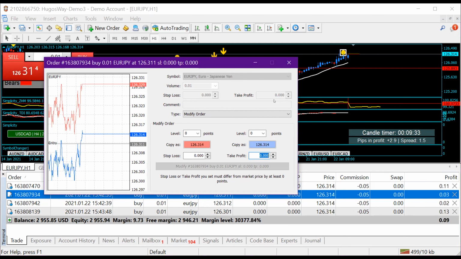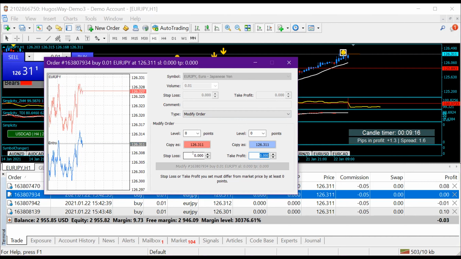Whichever way you get your number, this is where it goes. If the number is not in agreement with the type of trade you're in, then this button here will always stay gray. If these numbers are in agreement with the type of trade you're in, then it will turn whatever color it needs to be for you to actually modify your trade.